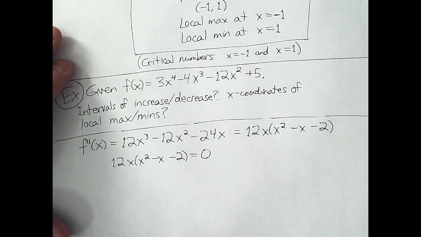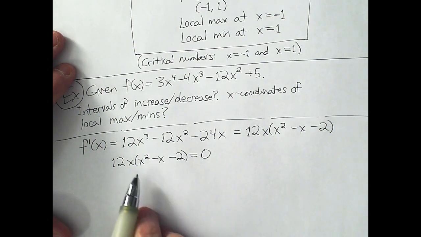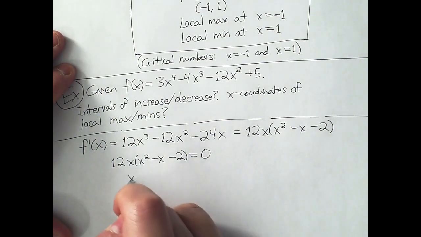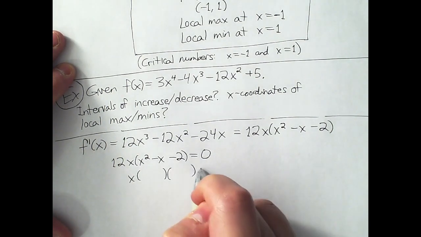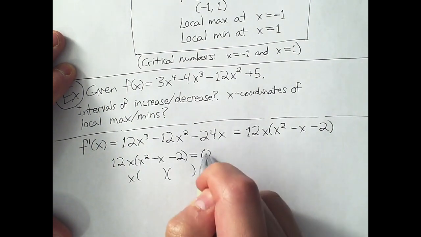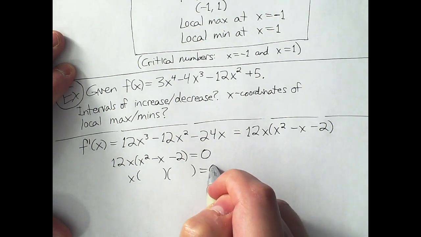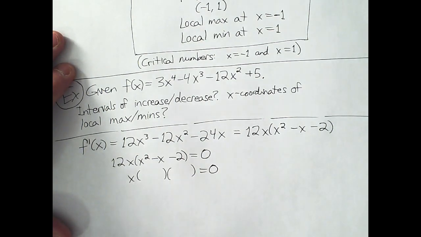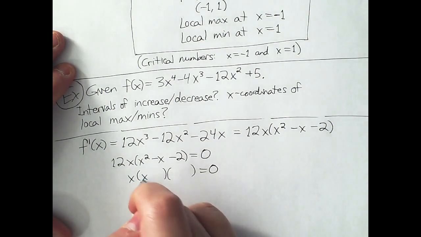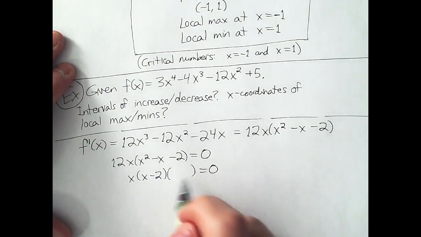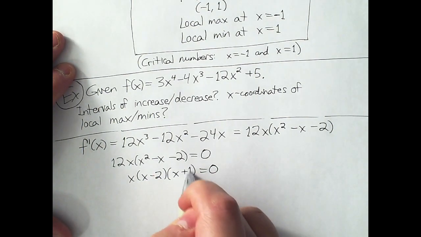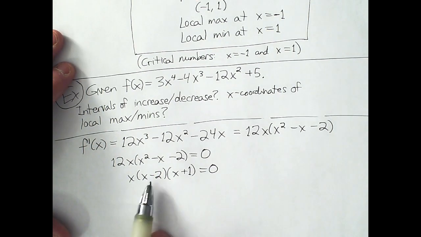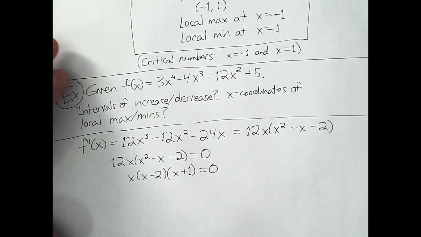You could divide both sides by 12, by the way. Oh, guess what? What's in parentheses here can be factored. I mean, you either have to factor it or use the quadratic formula, but who wants to use the quadratic formula? We don't have to use the quadratic formula. Don't use it unless you have to. That's my stance on the quadratic formula. If you can factor it nicely, then go ahead and factor it.